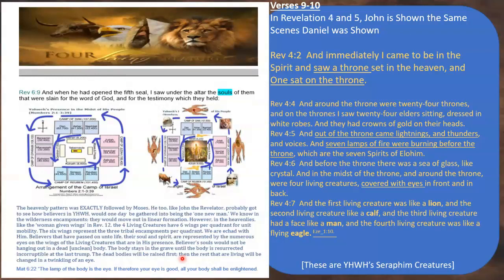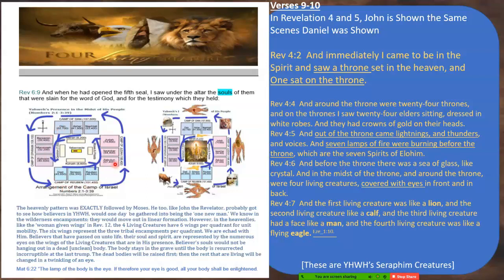So in the wilderness encampments, we had the tabernacle in the center, and the Aaronic Levitical priesthood would be gathered in the closest position in 4 quadrants around the tabernacle. Then outside of that would be the 12 tribes around the Aaronic Levitical priest.